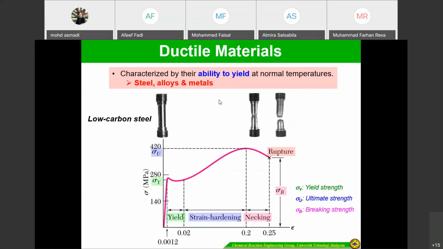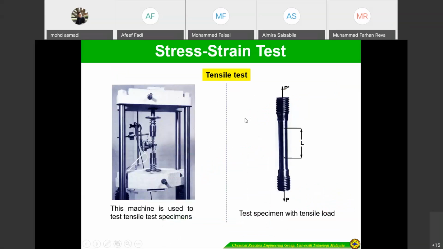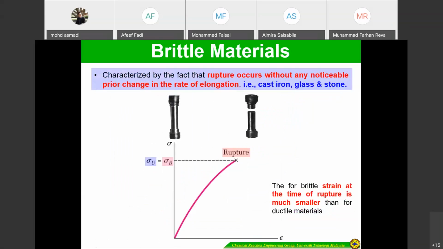However, for brittle materials, this is characterized by the fact that rupture occurs without any noticeable change in the range of elongation. This is the difference between brittle and ductile materials. For example, cast iron, glass, ceramics.